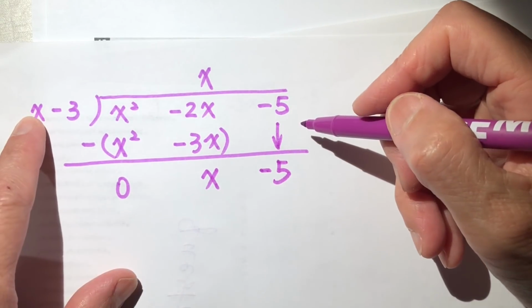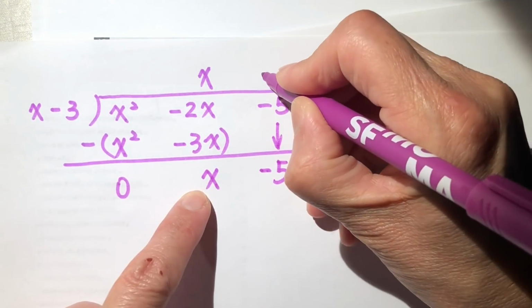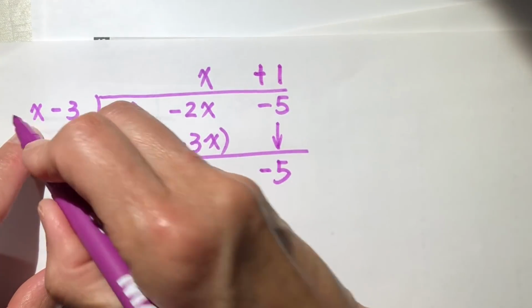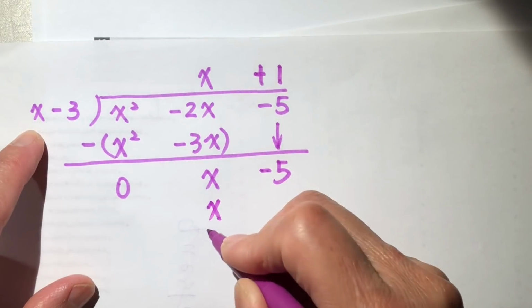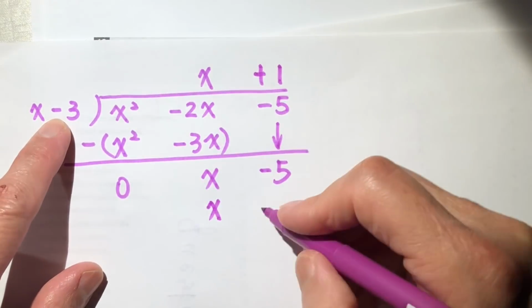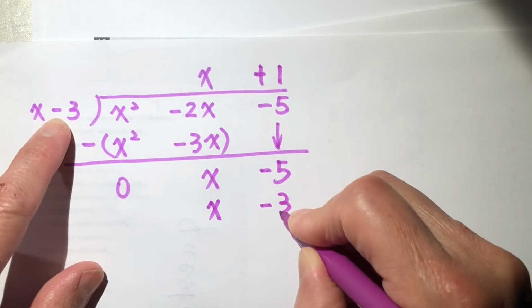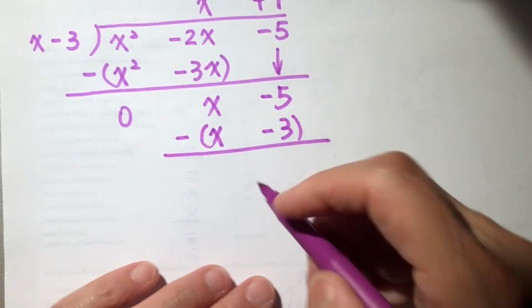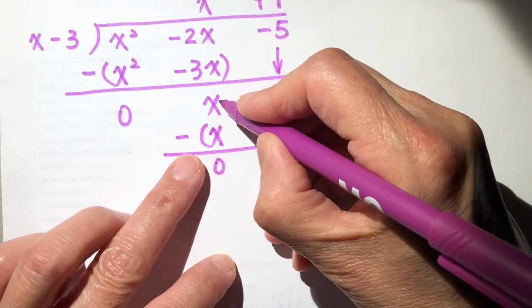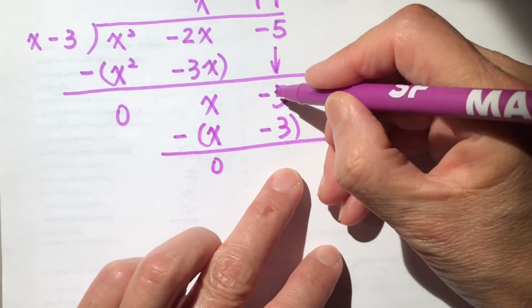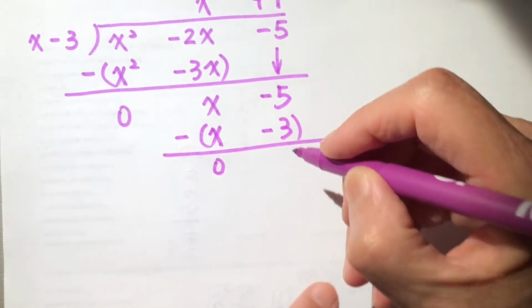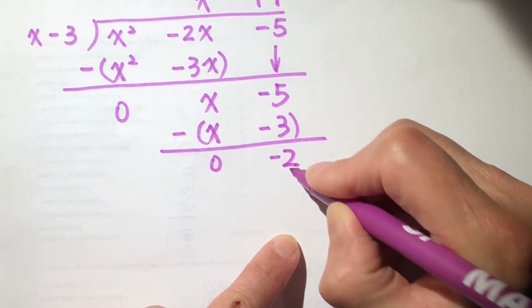And here, what do we put? X plus 1. 1 times x equal to x. 1 times negative 3 equal negative 3. And this is 0. X minus x is 0. Negative 5 minus negative 3 is negative 2.